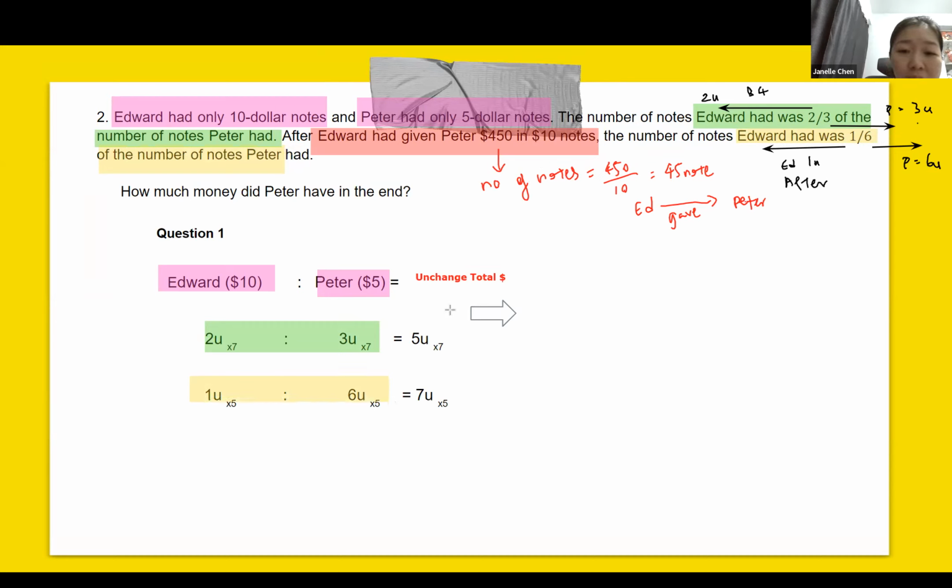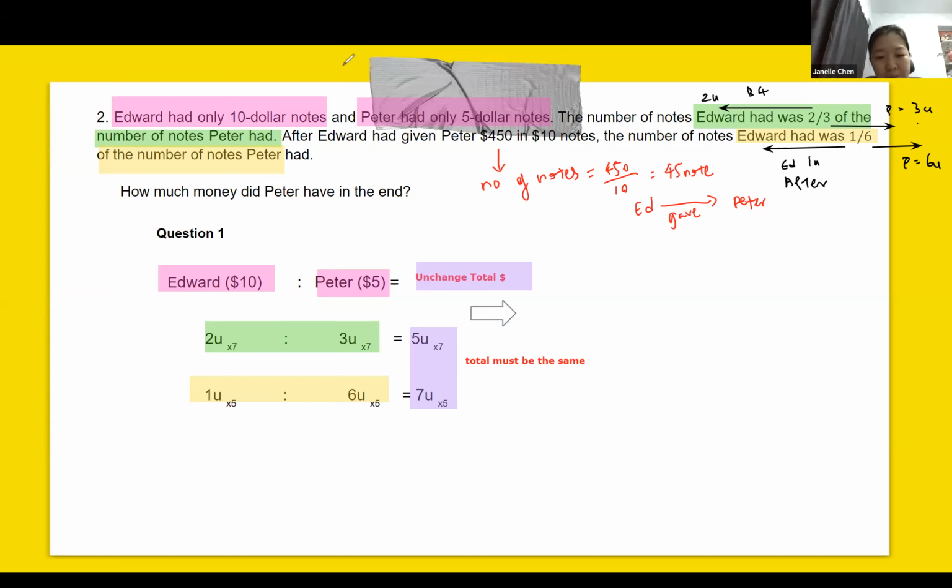Since we recognize that the total is unchanged, I'm going to make them the same, because the total is supposed to be the same. Total must be the same. So for it to be the same, I do multiplication throughout the units to make them the same.